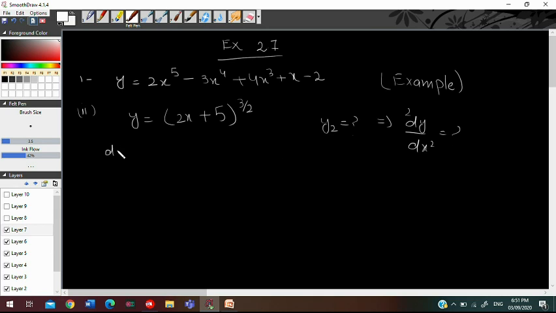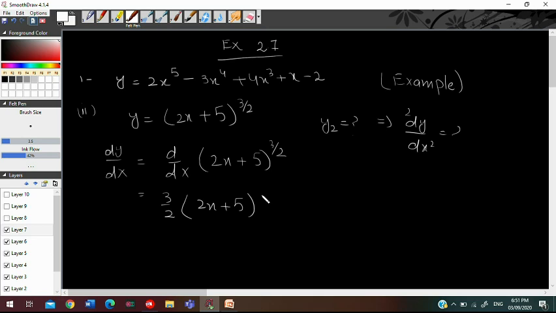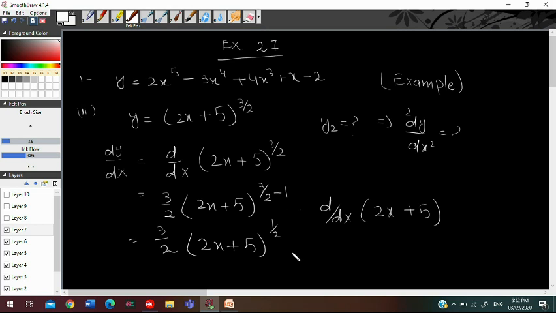Now if I apply the first derivative, d by dx of (2x plus 5) power 3 by 2, I will write 3 by 2 over here, and then (2x plus 5), I subtract 1 from the original power and then apply the derivative on the inner part of this function. 3 by 2, (2x plus 5) power 3 by 2 minus 1, which is 1 by 2, and then the derivative of 2x is 2 and the derivative of 5 is 0.